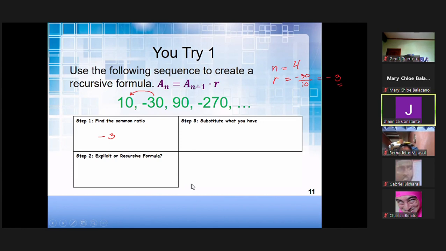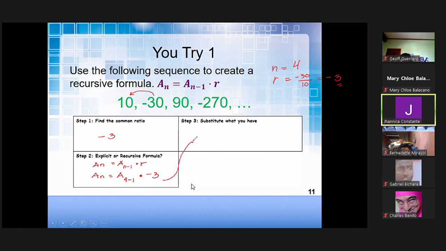Substitute the value of n and r in the equation that we have, which is a sub n equals to a sub n minus 1 times r. So we have a sub n equals to a, your n is 4, minus 1, times the value of r, which is negative 3.